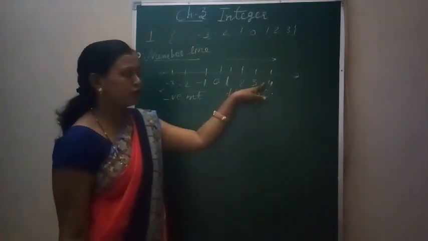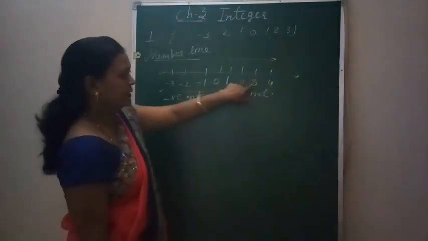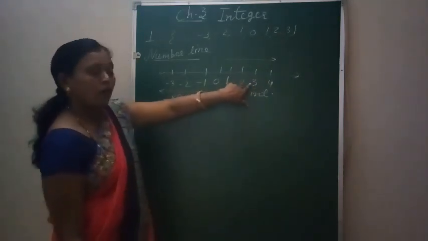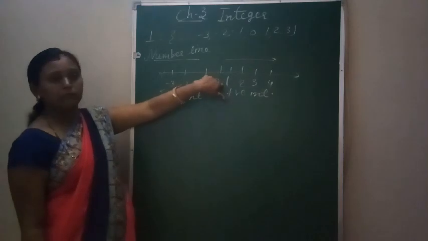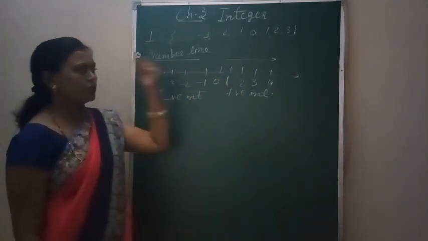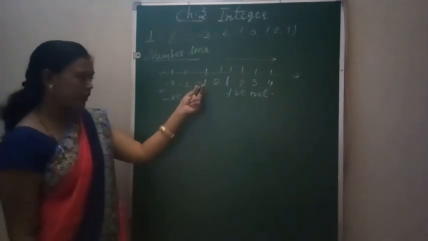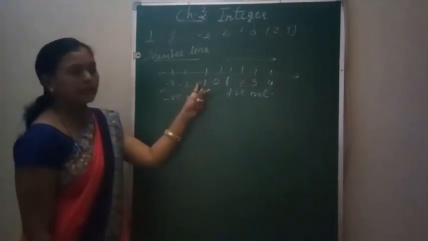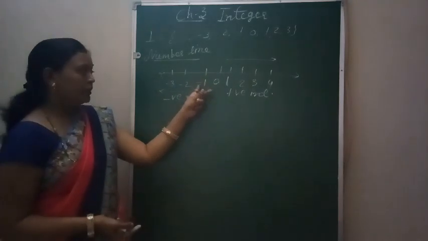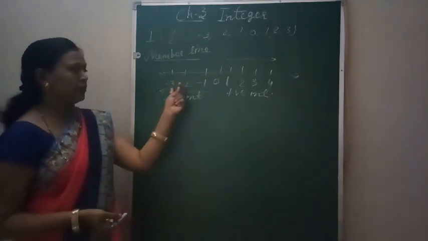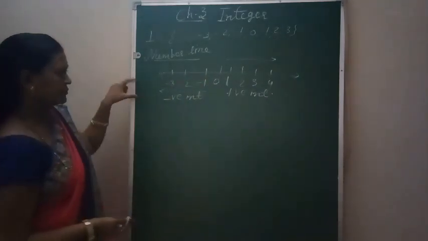When we do not show any sign, the number is always considered a positive number. But when we want to show a negative integer, it is compulsory to write the negative sign before the number.